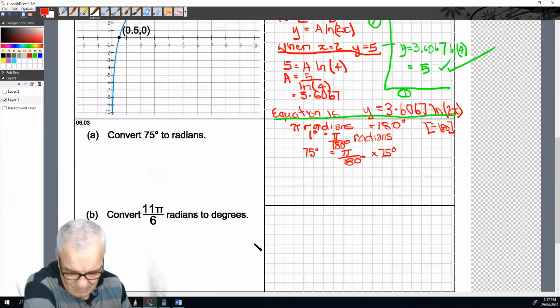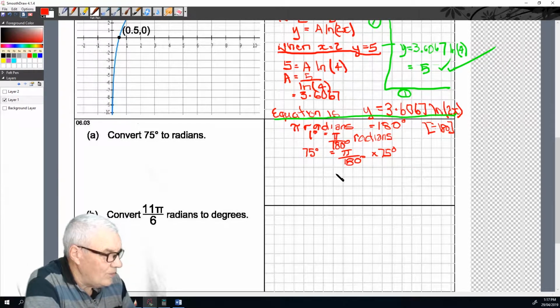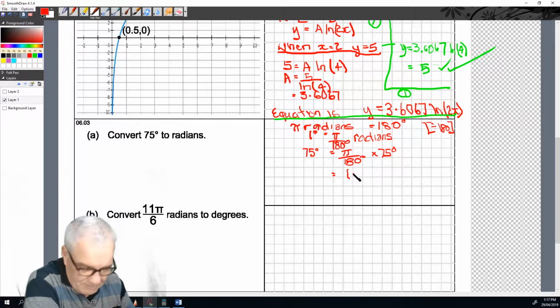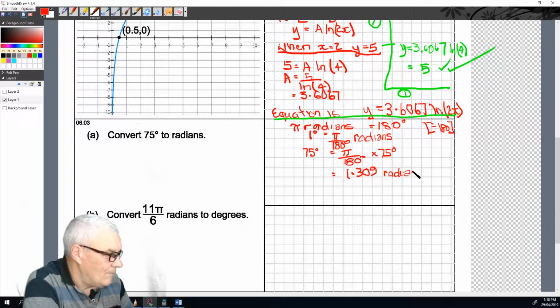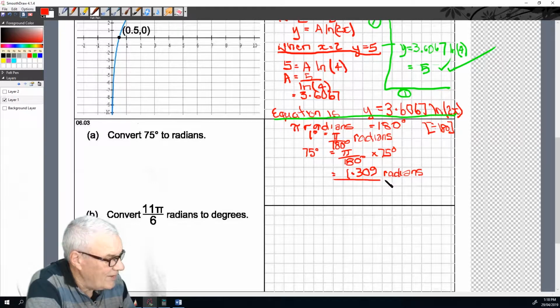And, well, that equals 1.309 radians. Don't panic, we'll do it on the calculator. That's our answer there. Or you can put 3dp if you want.